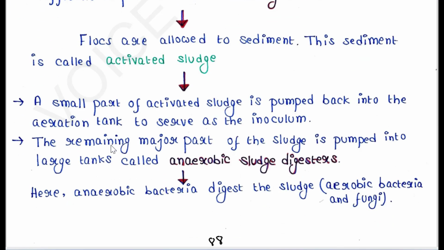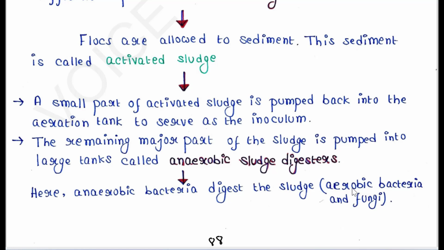Apart from that, the remaining major part of the sludge is pumped into large tanks called anaerobic sludge digesters. In the anaerobic sludge digesters, you will get some anaerobic bacteria which digest the sludge.